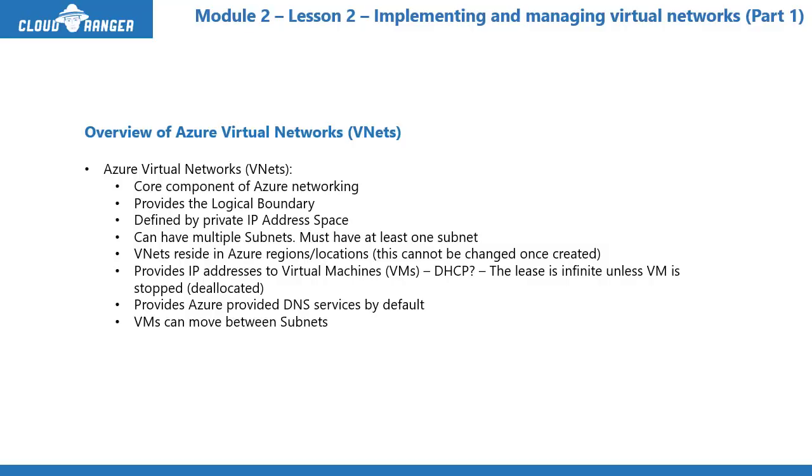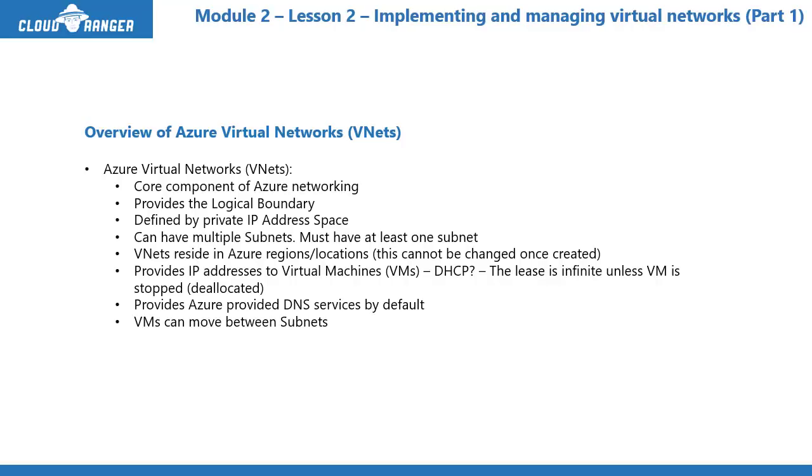A little brief about Azure Virtual Networks. In the previous lesson, we gave a little bit of high-level information, but I'm going to talk about some specific characteristics, or specific things we do or plan in virtual networks. It helps us get into the nitty-gritty when we actually start building the VNets, okay? As we know, the Azure Virtual Network is the core component of Azure networking. So you create a virtual network, or a VNet, first.